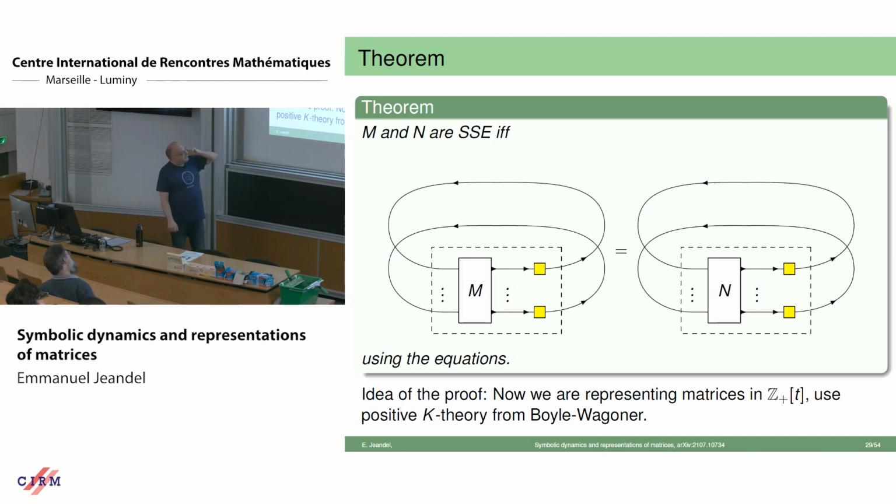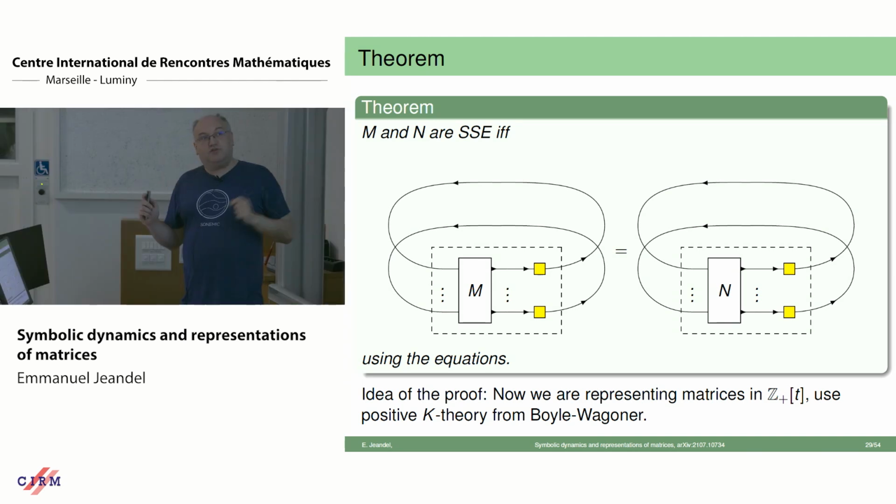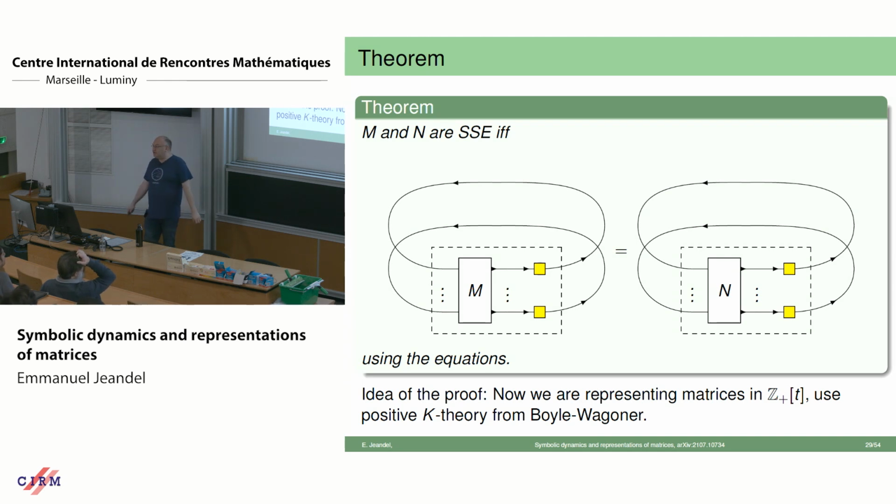For the proof of that, the main idea is that once you add this square, somehow you are not representing matrices with integer coefficients, but with polynomials, when you see t as representing 1 unit of time, and then you have to use results from Boyle and Wagoner to obtain the fact that it's exactly what we want. But essentially, we have a way to take 2 matrices and to prove that they are equal using the equations. How much time do I have left?